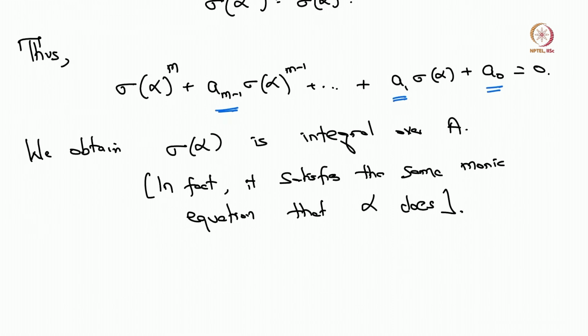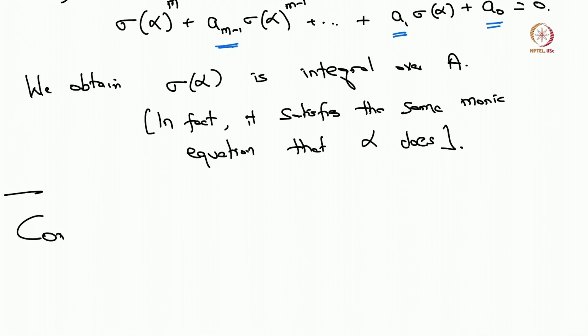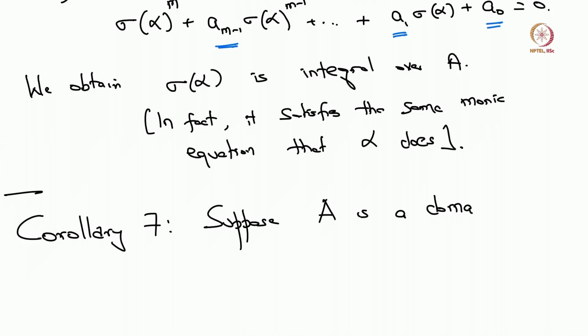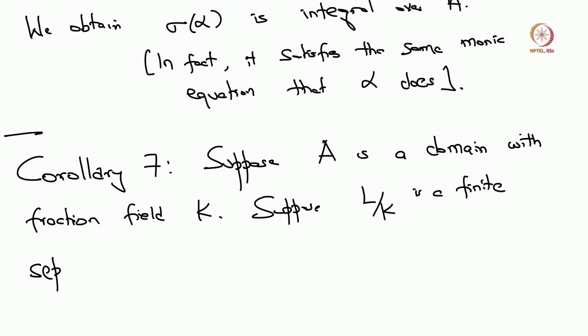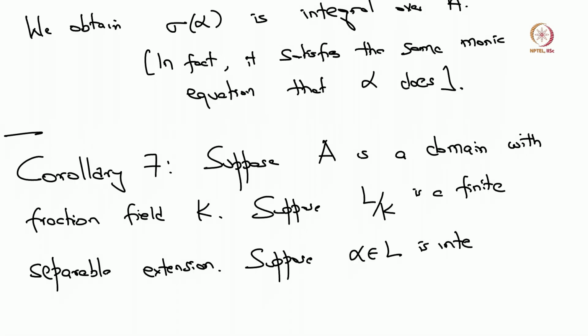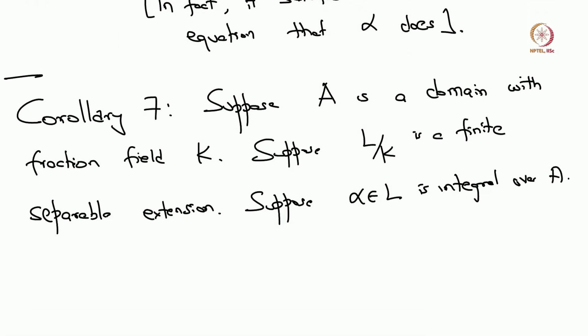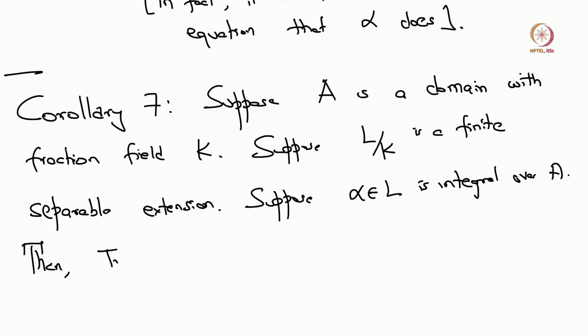Okay. So we have an immediate corollary to this lemma. Suppose A is a domain with fraction field K, and suppose L over K is a finite separable extension, and suppose alpha in L is integral over A. Then we talked about taking the trace and norm.